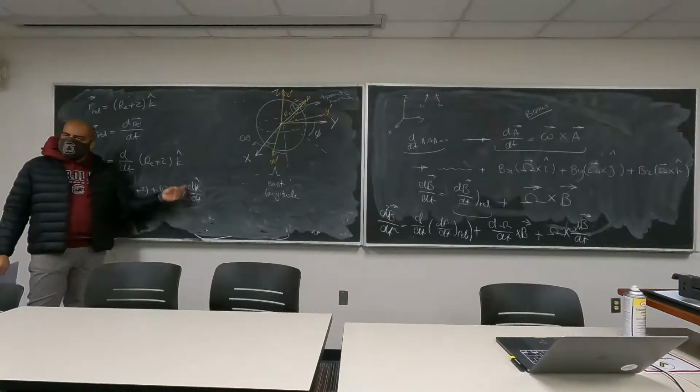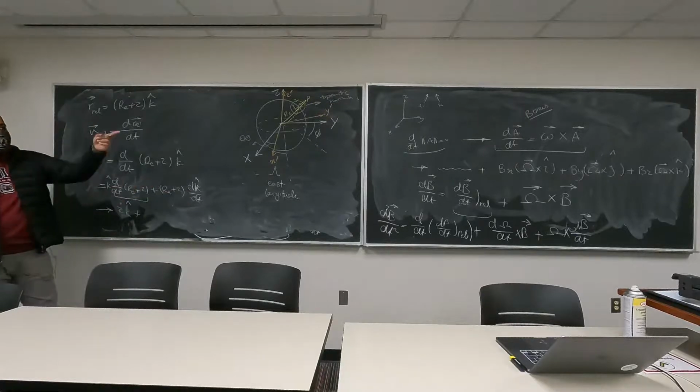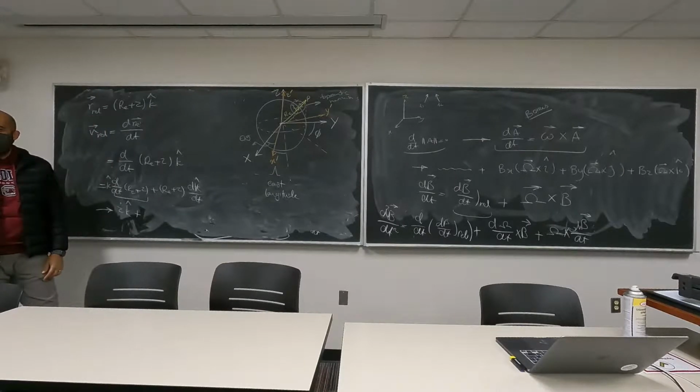And what about this part? dk dt. What is dk dt? Look at over there. That's a derivative of a moving vector with respect to time. What is that?